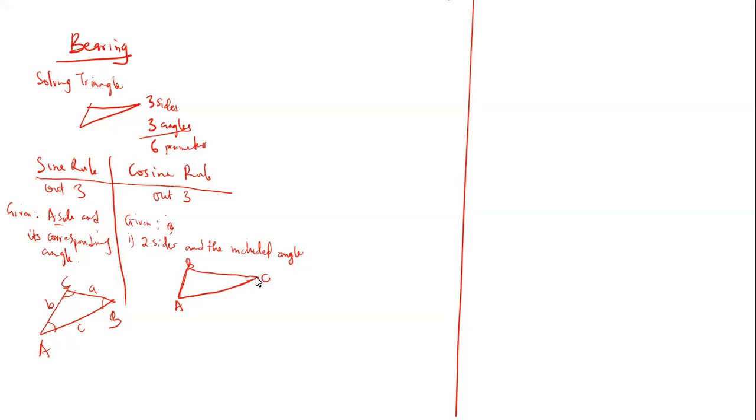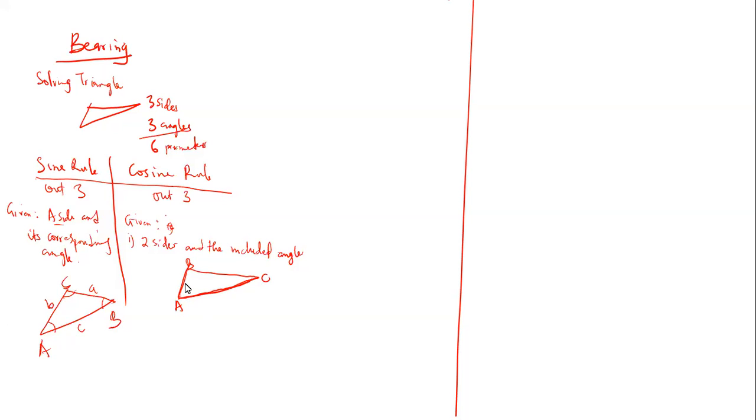It means the included angle is the angle between the two sides given. If you have been given this side and this side, the angle between the two sides is this. That is what we mean by the included angle. I hope you get it right.